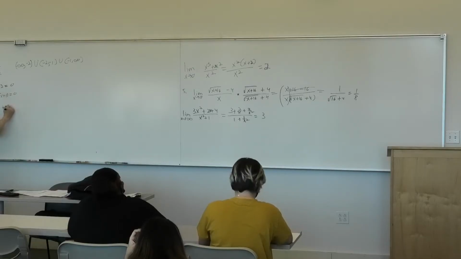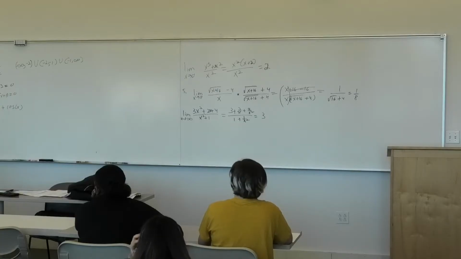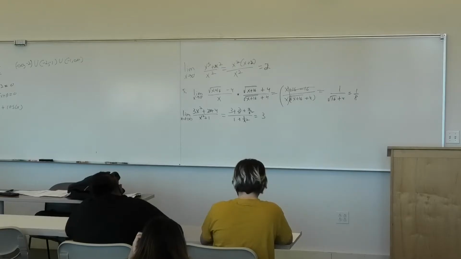This function, continuous, well, sine is continuous everywhere, cosine is continuous everywhere. We have a law of continuity: the sum of two continuous functions is continuous. This is continuous everywhere. That seemed to be hard. I didn't intend it.